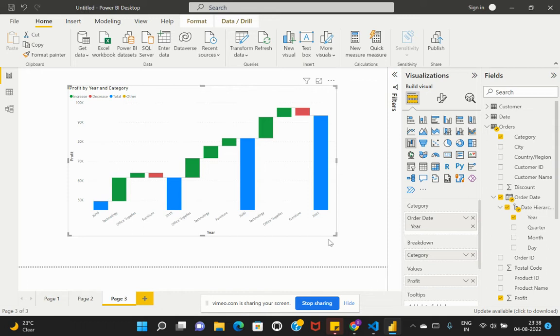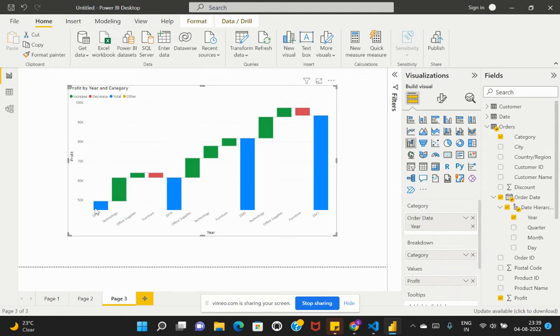In this example, as you notice, we have the x-axis values based on the year, which is 2018, 2019 till 2021 range, and the measure that we are trying to analyze is my profit, and this visual has been broken down based on my category.